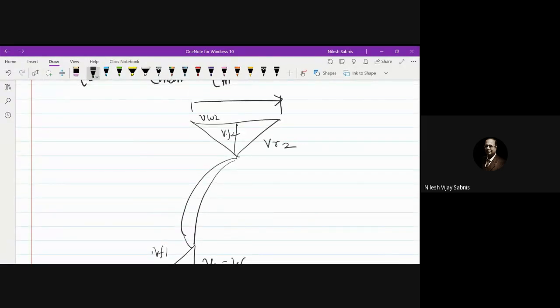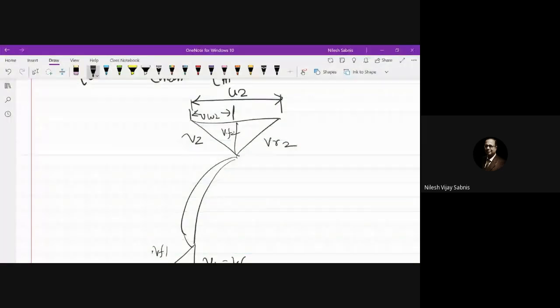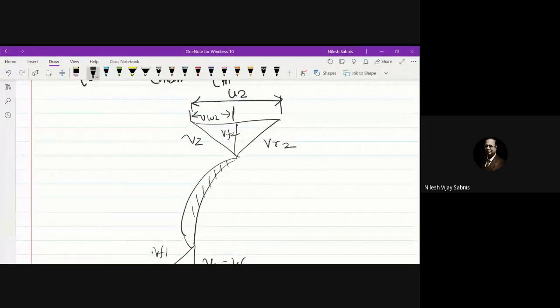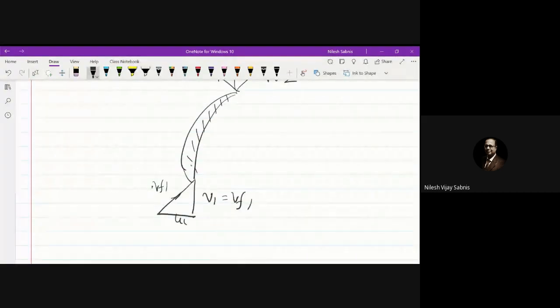This is U2, this is VW2, this is V2. This is the blade, and this angle is called beta, and this angle is called phi. The direction will always be away from the impeller blade, and here the directions are like this.